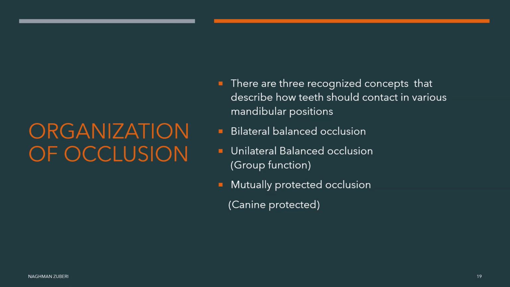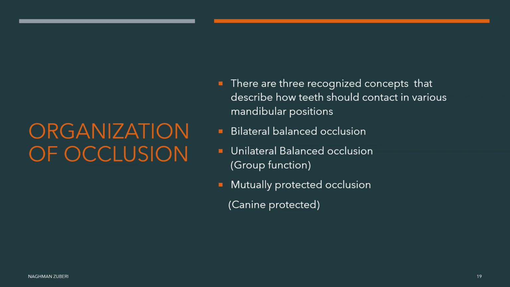Unilateral balanced occlusion, that is group function, which could be present in the permanent or natural dentition, or it could be produced in fixed prosthodontics, like in bridges or fixed partial dentures. Mutually protected occlusion, that is the canine protected occlusion, where the canines come in contact on the working side and the rest of the dentition is out of occlusion.